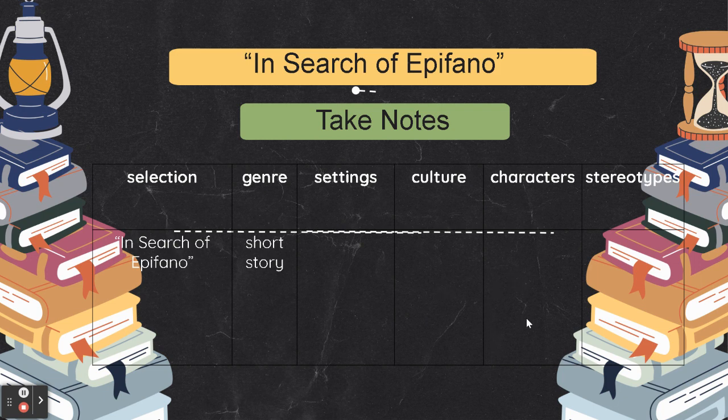Tell me who the characters are. I know there's one main character, but then we have another or others maybe. And then what are some of the stereotypes that you see? And I don't think I define stereotypes.